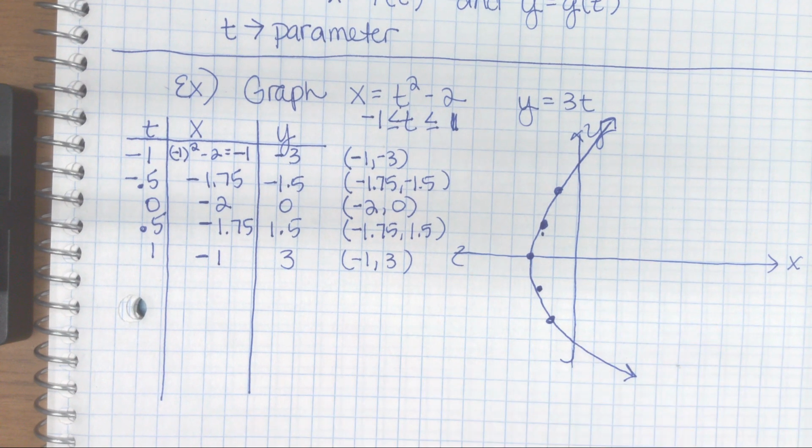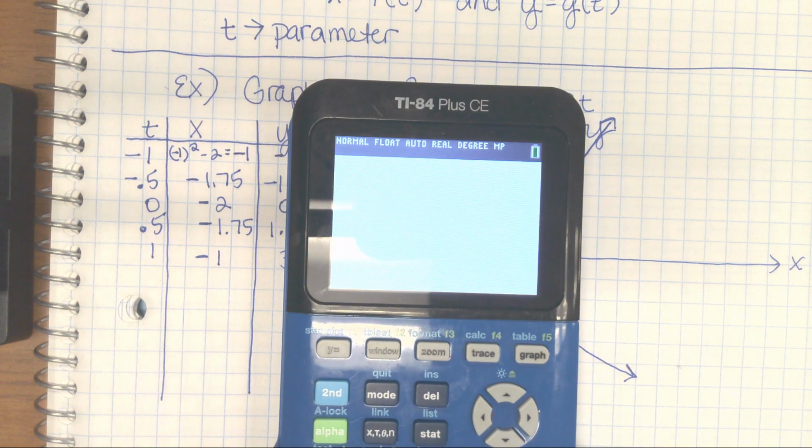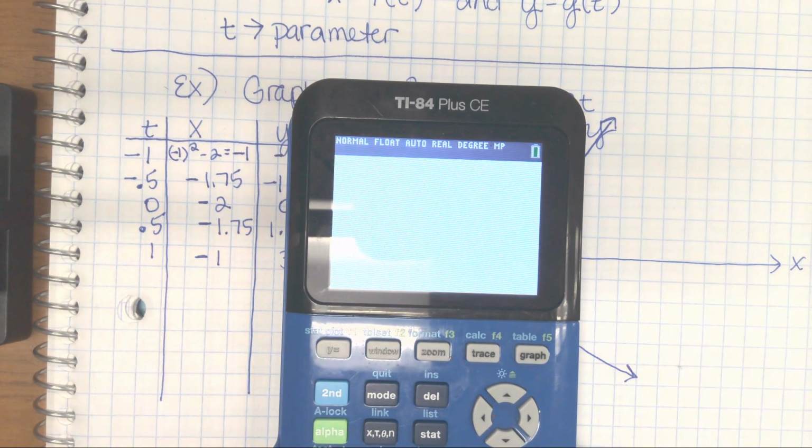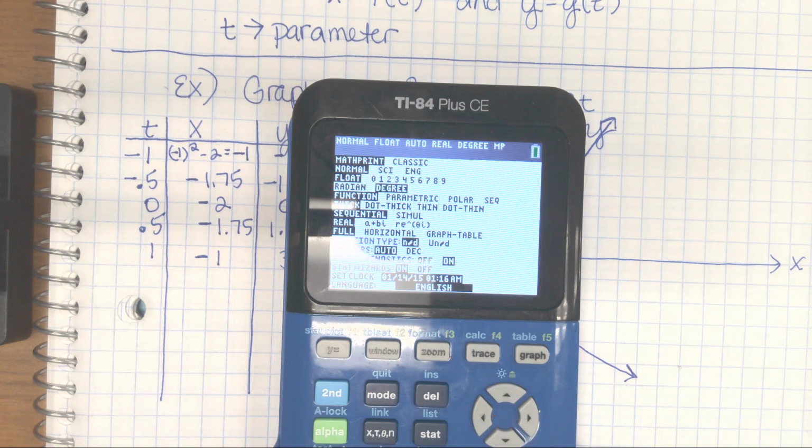Let's show you the parametric mode on the graphing calculator. Okay, so we're going to grab our graphing calculators, and we're going to go to the mode function. There are different modes, and we're going to deal with several of them this year. We're in function mode.